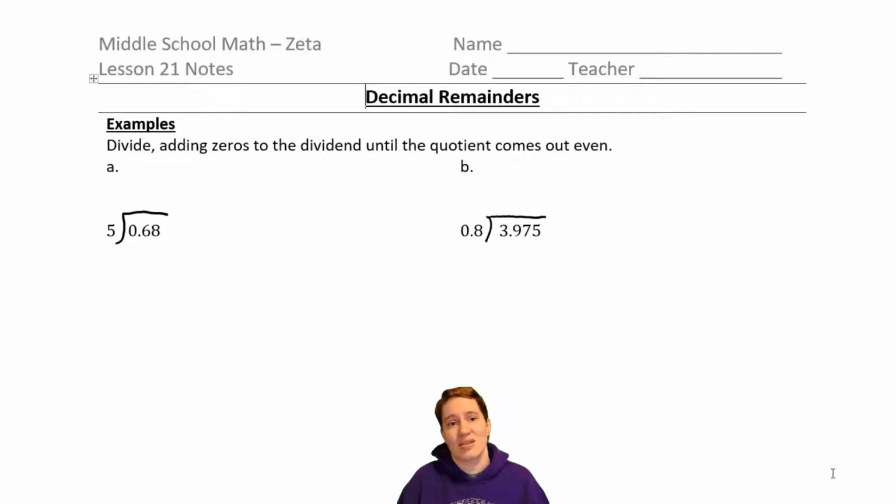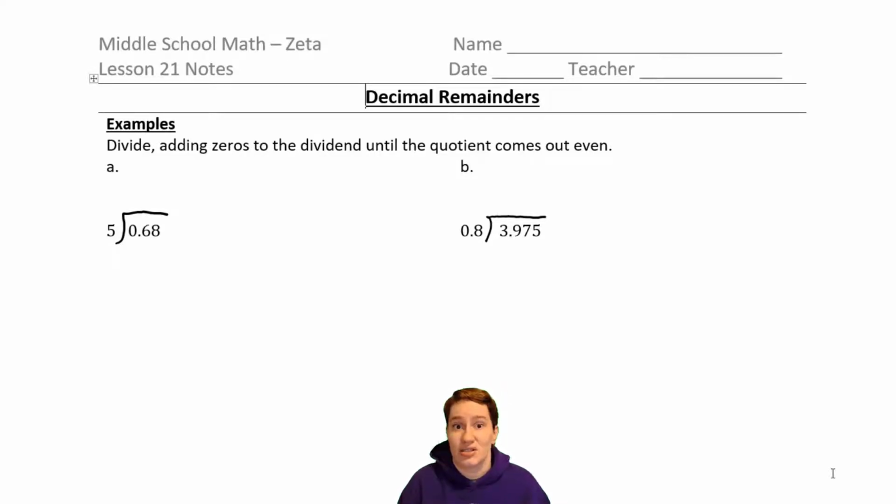And in this case, it's going to be important for us to read the instructions as we go, because they're going to help us, at least some of the time, be able to stop sooner than if we just kept dividing. Basically, for any division problem, we can keep adding zeros at the end of our dividend, which is the thing inside, and keep dividing as long as it makes sense, until it comes out evenly. The problem is that not everything actually comes out evenly.